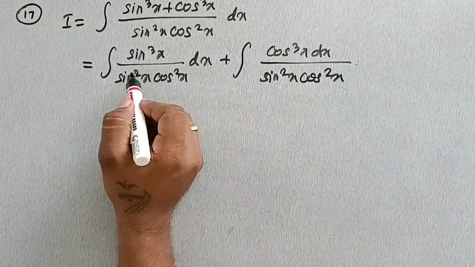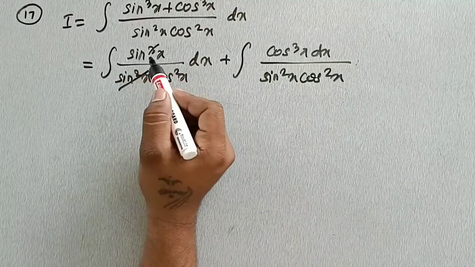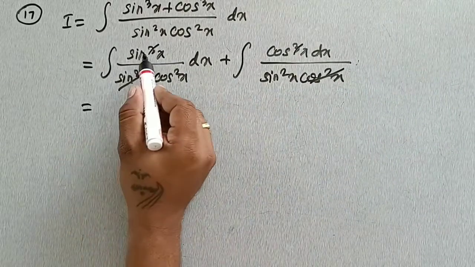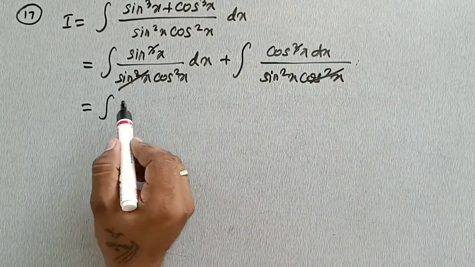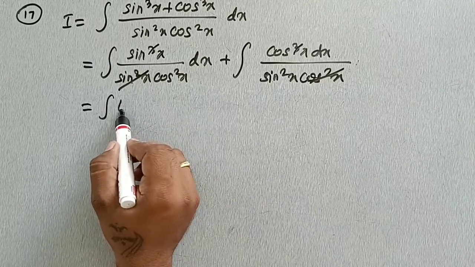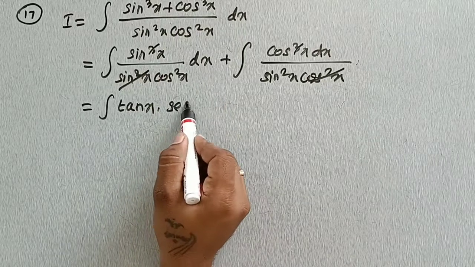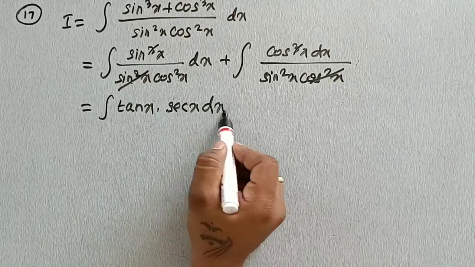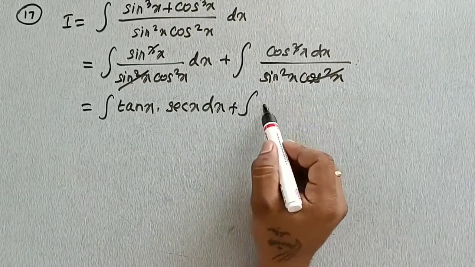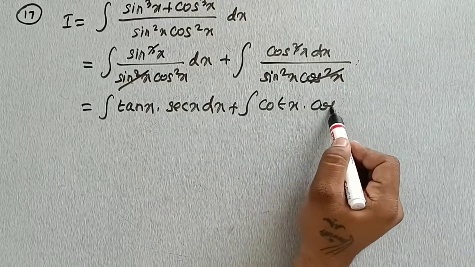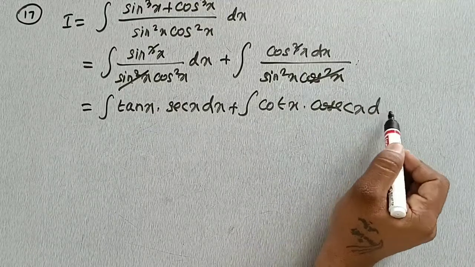Here I can cancel one of the sin square, and here cos square will cancel. So sin by cos square, that can be written as sin by cos equal to tan, then 1 by cos will be written, that is secant x dx. Cos by sin equal to cot x, 1 by sin I can write as cosecant x dx.